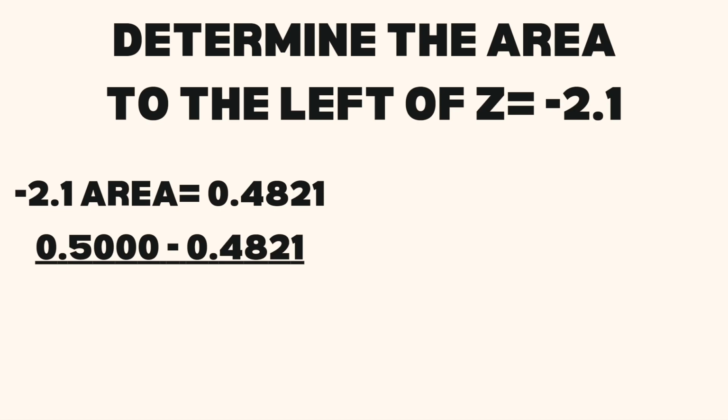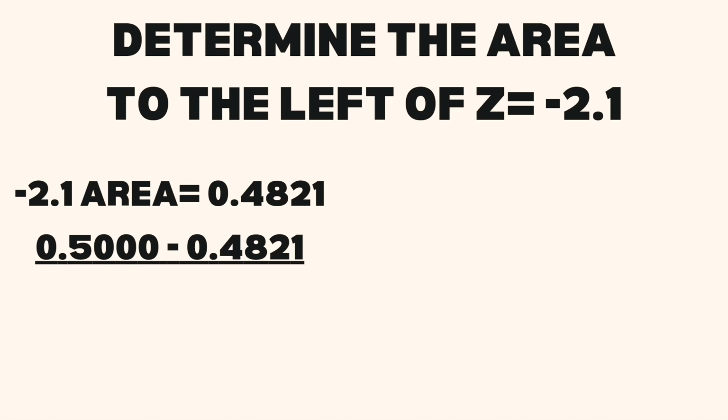I'm sorry for that. Let me explain again in the right way. Since z is equal to negative 2.1, the area of that 2.1 will be 0.4821 according to the z-table. But the problem stated that we should determine the area to the left.